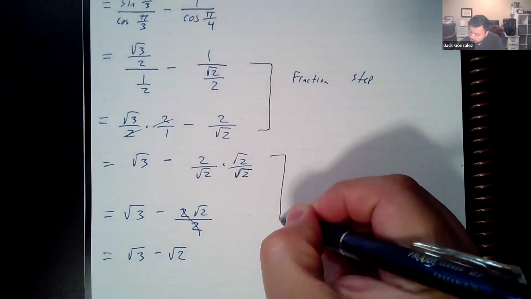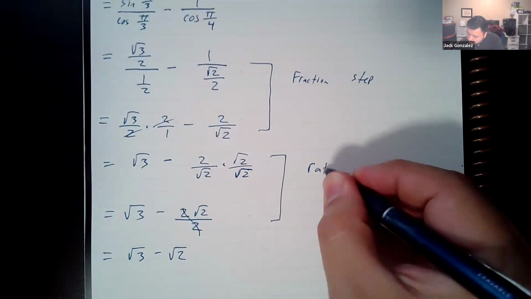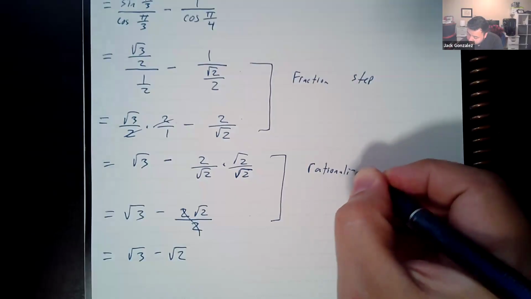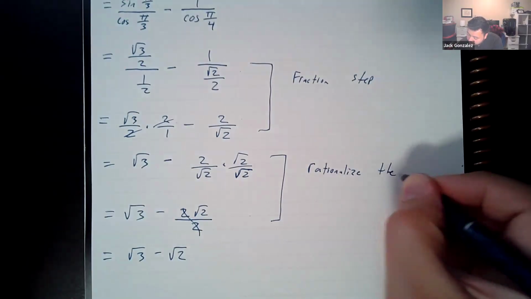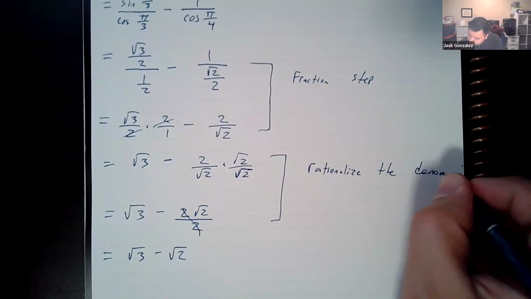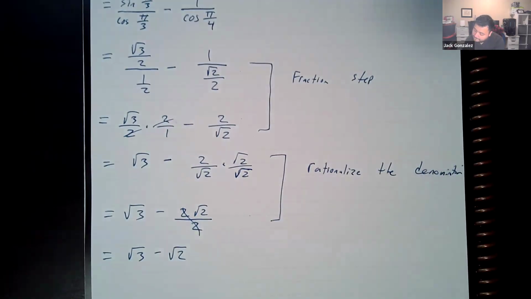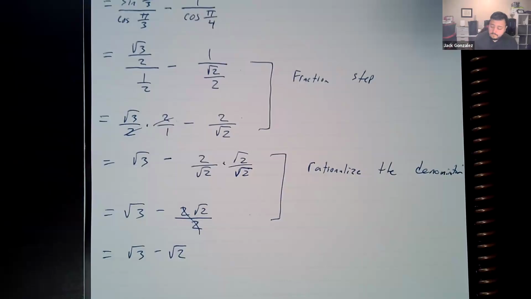Here to here, rationalize the denominator. That's what it's called. And then we end up with this. Any of the algebra steps or trig steps confusing or strange, let me know. Do you have any questions?